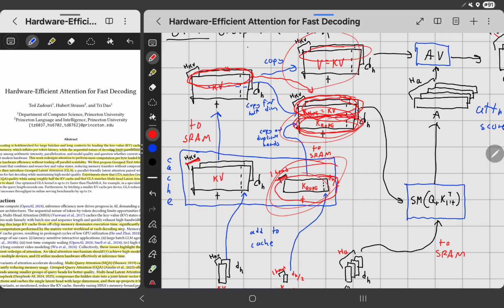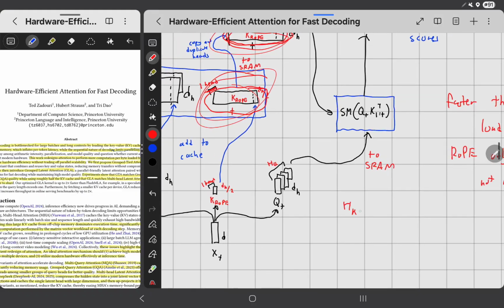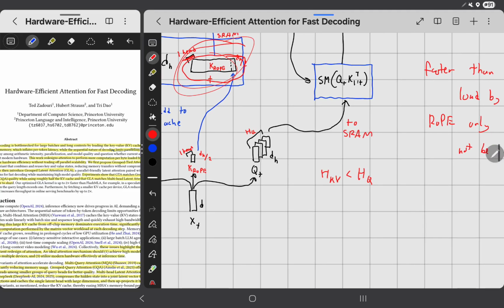What this gives you is a speed up from your group query attention, because HKV is less than HQ. That's the speed up you got before from group query attention. And you also have parallelism, because you can distribute this across multiple GPUs because of HKV.